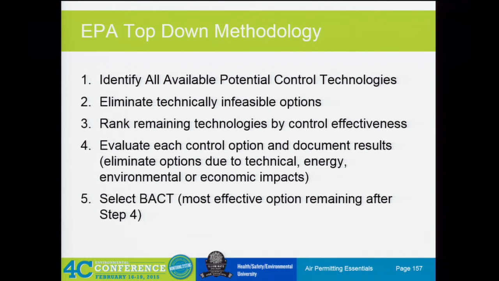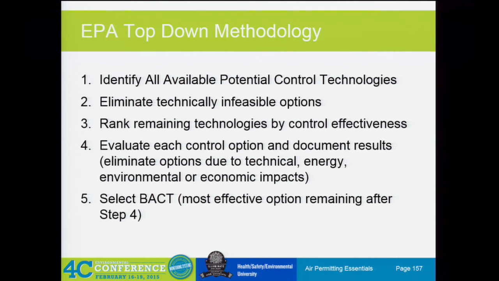So once you've removed all those options, you'll rank the remaining control technologies by their control effectiveness. So with the VOC process vents, we talked about flare, thermal oxidizer, and boiler. Well, we know a boiler can be 99.9%. Sometimes they can be certified higher. That might be one of the highest control efficiencies. Thermal oxidizers, if designed properly, can be 99.9%.